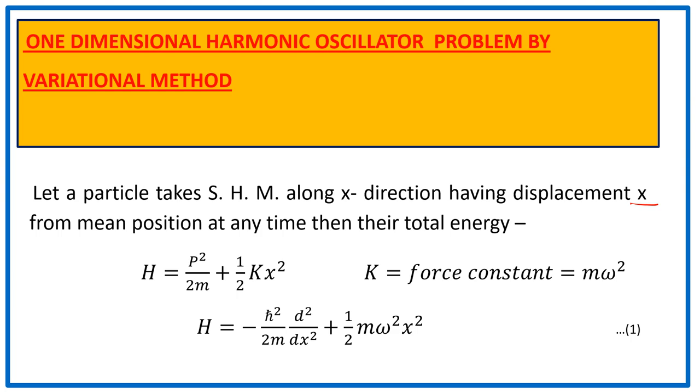Then its total energy in quantum mechanics, called the Hamiltonian, is given by H = p^2/2m + 1/2 k x^2, where k is the force constant, k = m omega^2, where omega is the angular frequency.